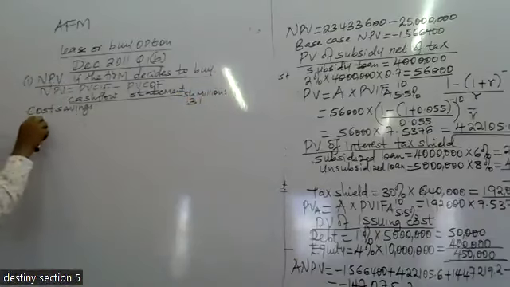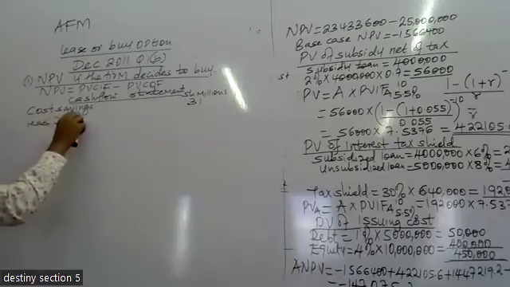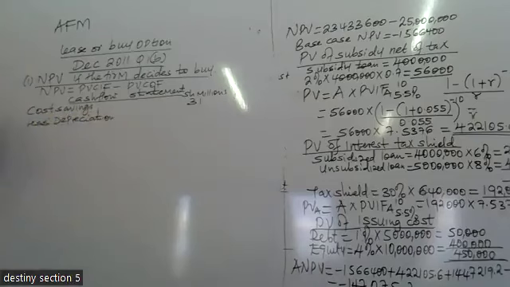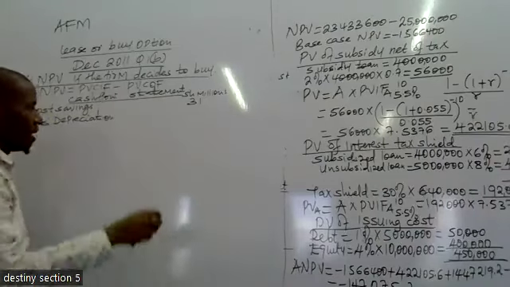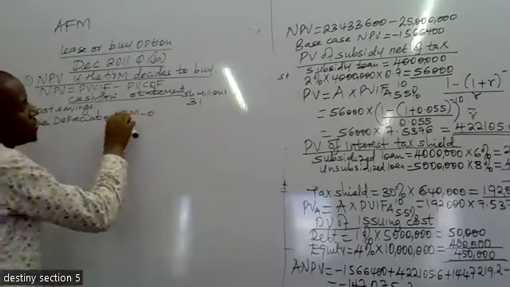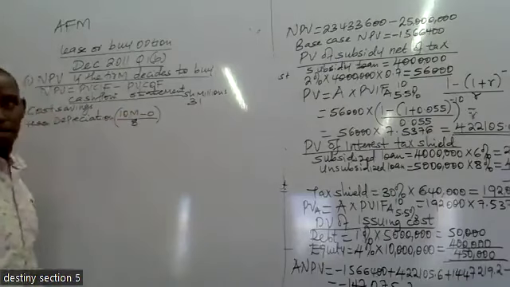After that, we less the depreciation. Now, how do you get depreciation? It is the cost minus the salvage value, you divide by useful life. The cost was 10 million, no salvage value, useful life is 8 years.